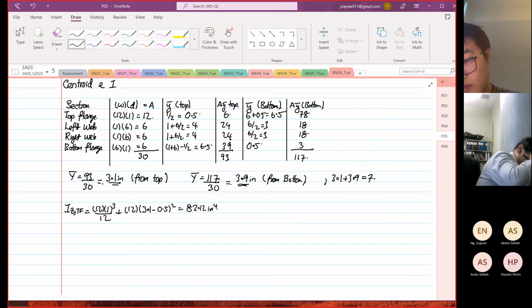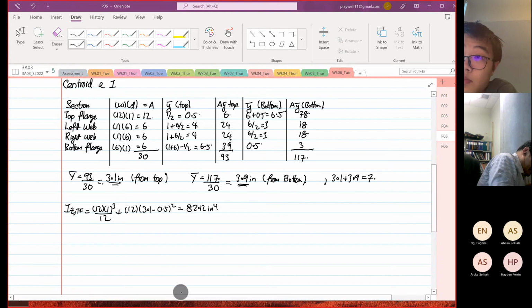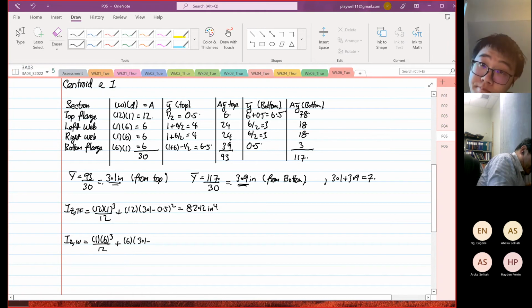Then you have I of the web, which is equal to 1 times 6 cubed over 12 plus 6 multiplied by 3.1 minus 4 squared.